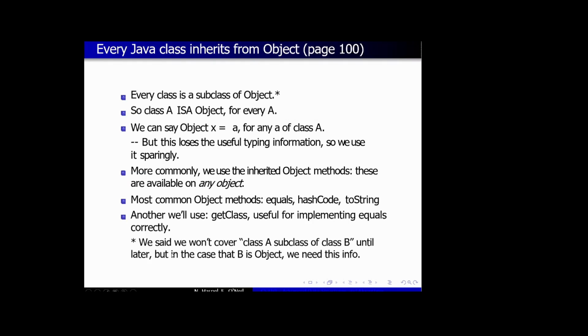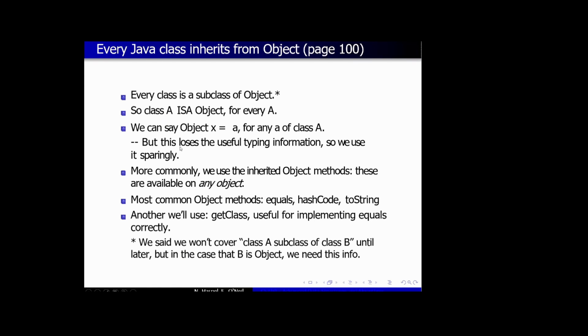However, we said we wouldn't cover subclasses, but there is one subclass relationship that is important and we need to deal with it. And that is the fact that every class is a subclass of Object. So Object is the class that sits above everything, and since that's true, we need to know about it. So every class A is an Object.